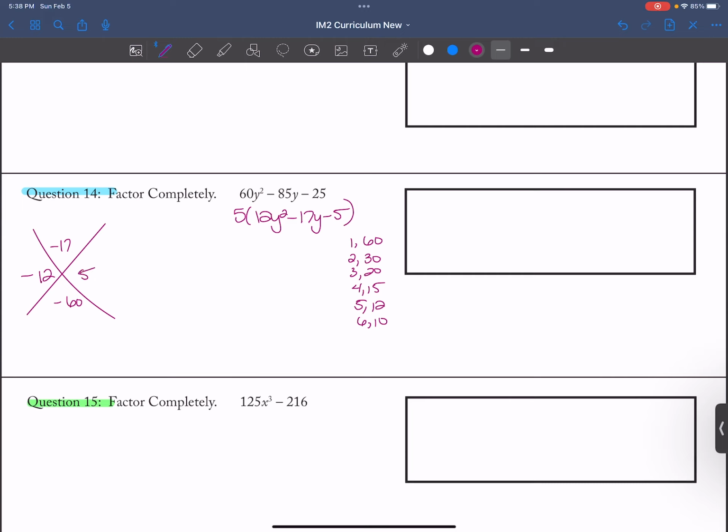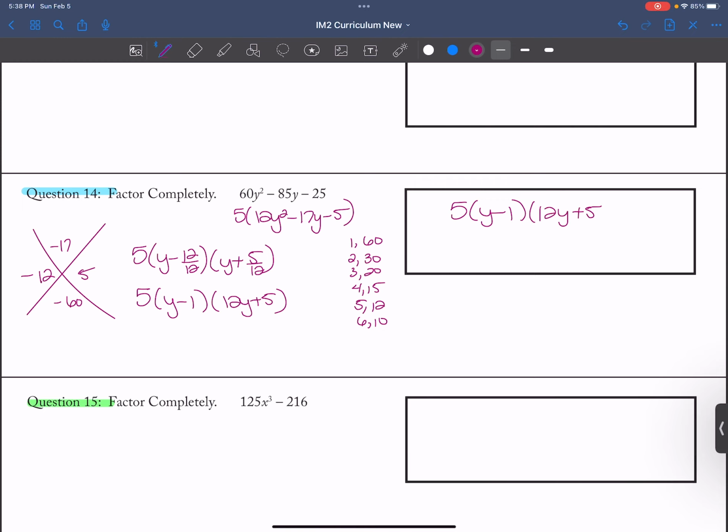So this is 5 and then y minus 12 over 12 and then y plus 5 over 12. So then this gives me a 5y minus 1 and then a 12y plus 5. So 5y minus 1 and a 12y plus 5.